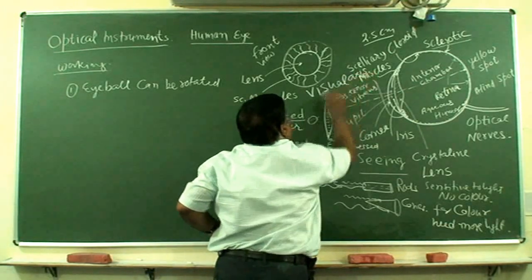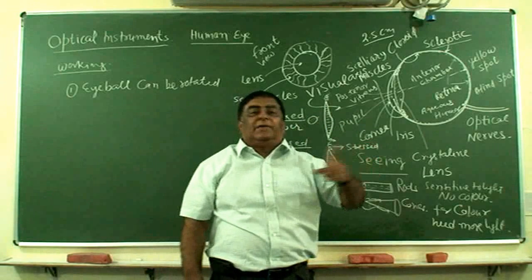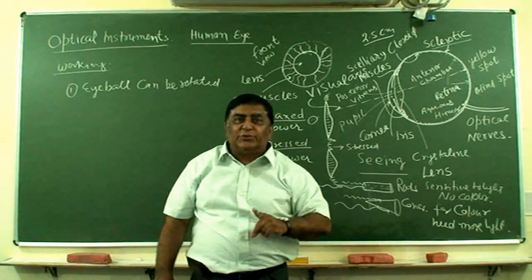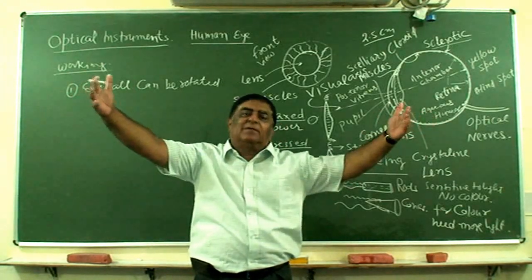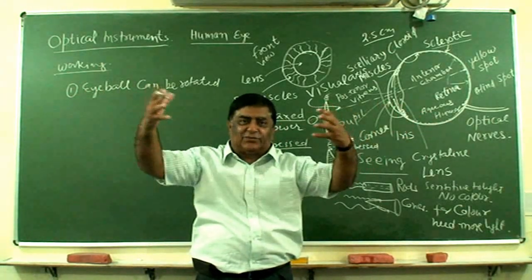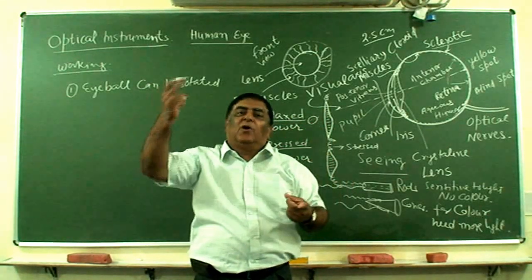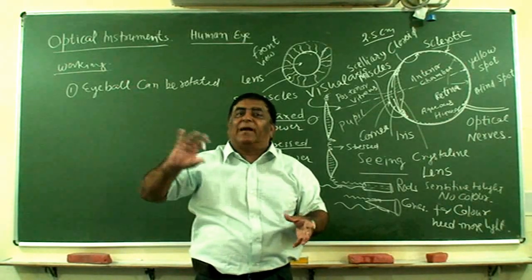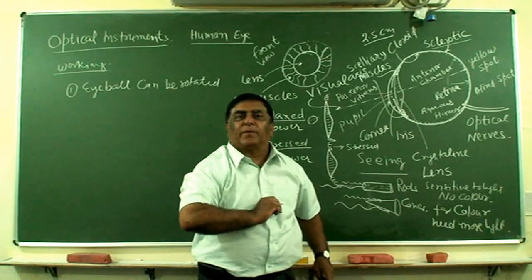So, if my visual axis is like this and I am keeping it towards you, all other things are sending light to my eyes, the images are formed on the retina, and I am able to see all the things. But most clearly I am seeing you.